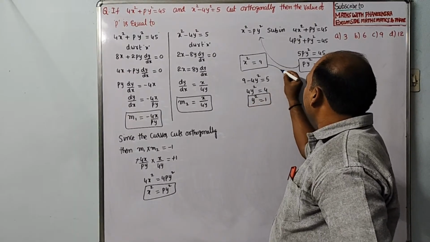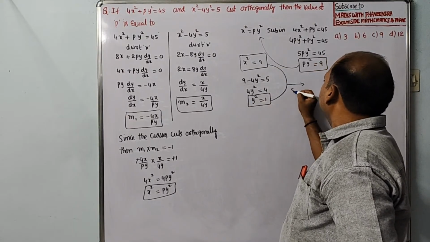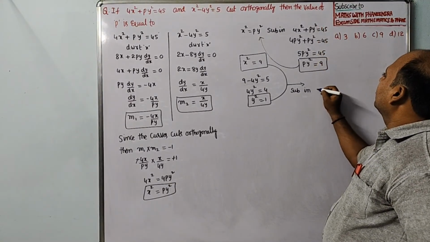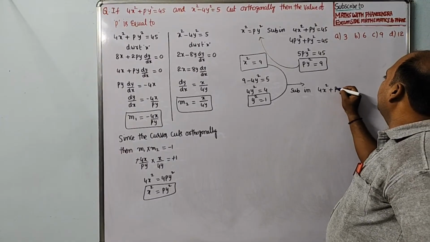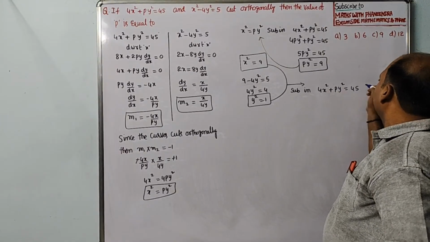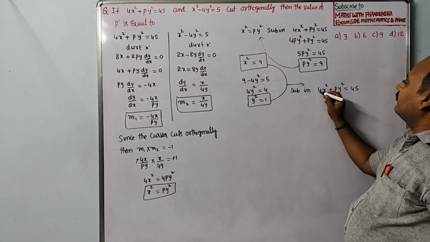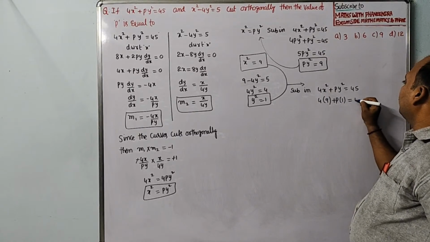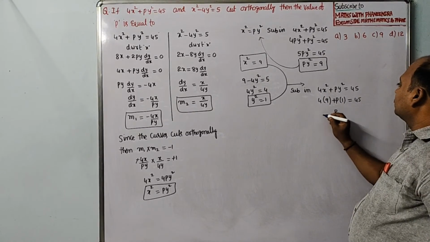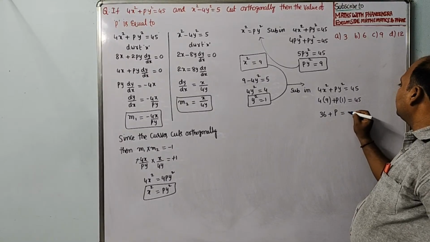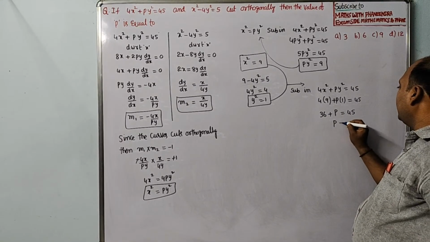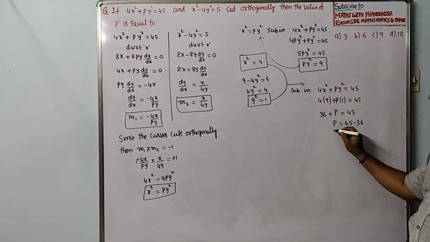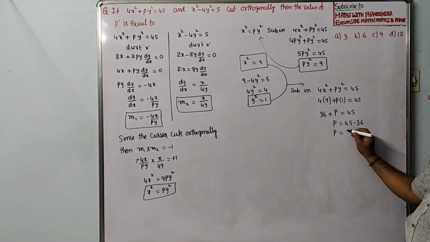So these x square and y square values, substitute in this curve, 4x square plus py square is equal to 45. So 4 into 9 plus p into 1 equal to 45. So 36 plus p is equal to 45. So p equal to 45 minus 36. So p equal to 9.